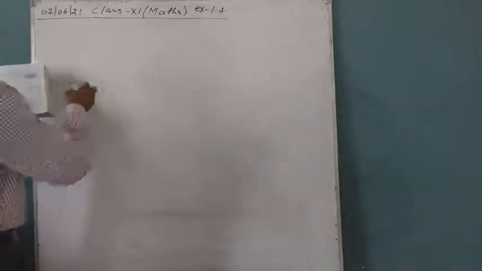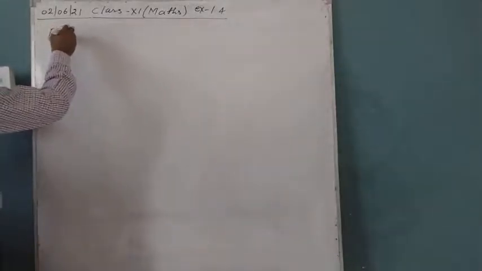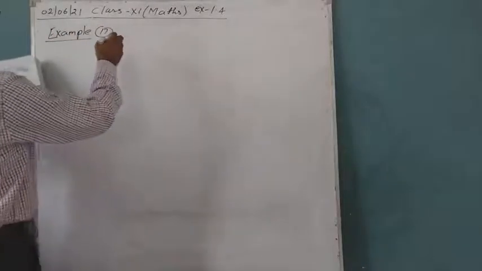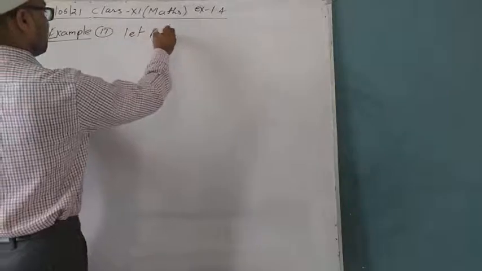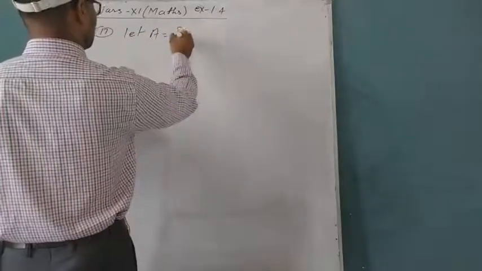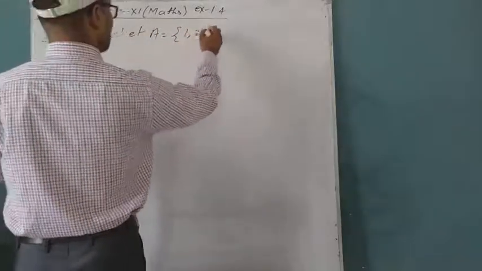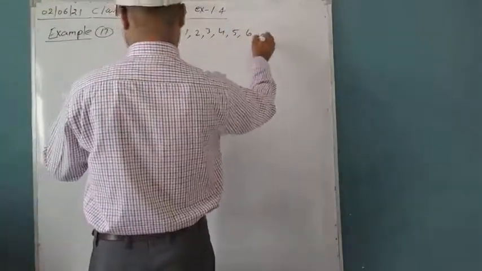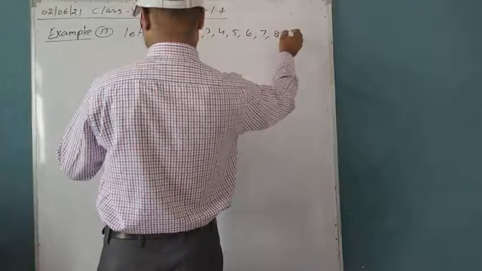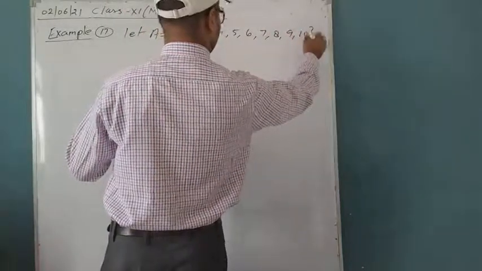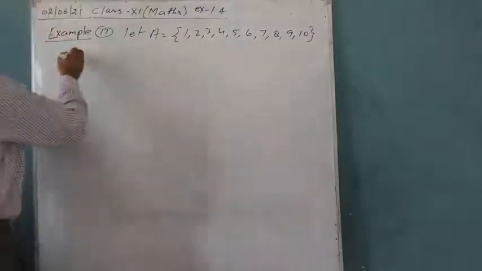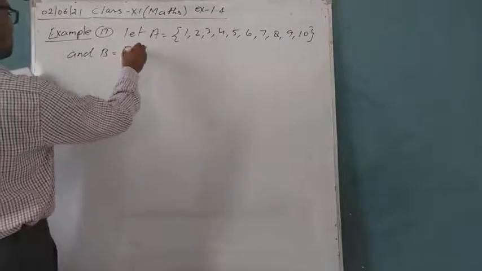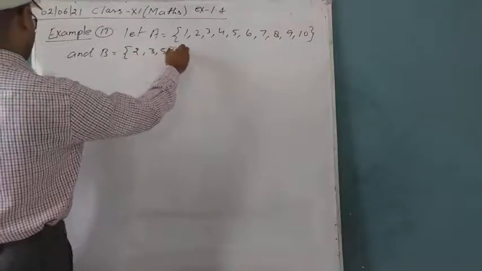Now students, example number 17. Let A is equal to {1, 2, 3, 4, 5, 6, 7, 8, 9, 10} and B is equal to {2, 3, 5, 7}.